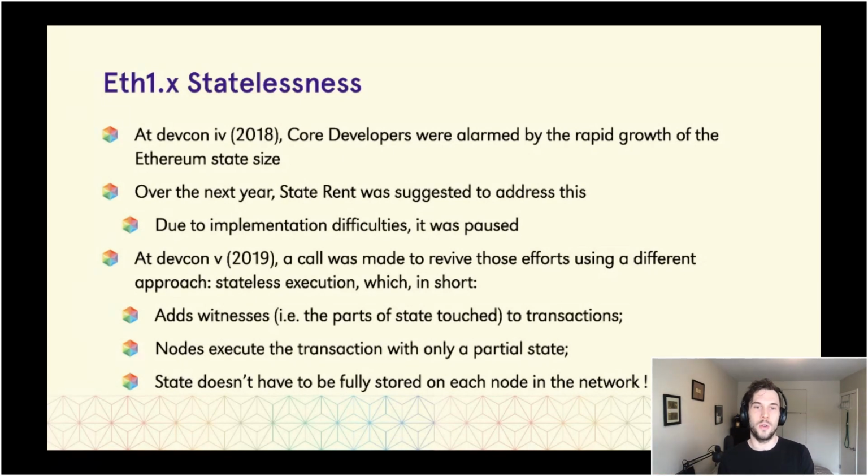So this means that when a node receives a transaction alongside a witness, it's able to actually execute this transaction against the witness because it has all of the bits of state that it needs to execute. And the consequence of that is that nodes don't need to store a full copy of the state, but only the parts that they're interested in. So you get to a spot where it's not every node on the network storing a full copy of the state.